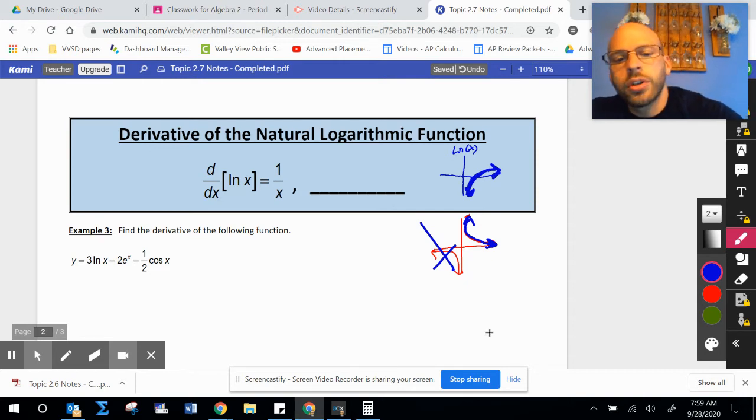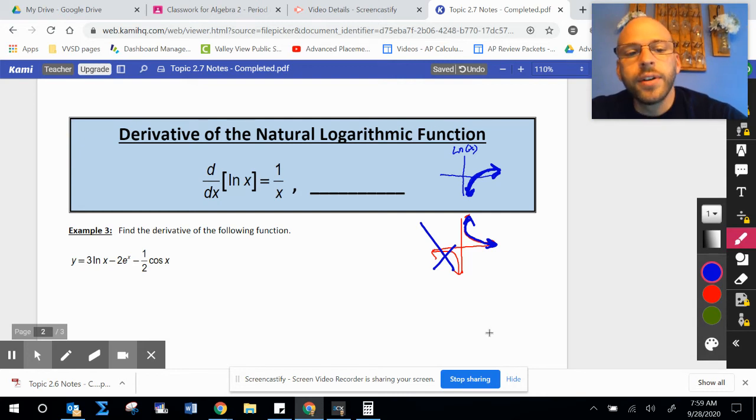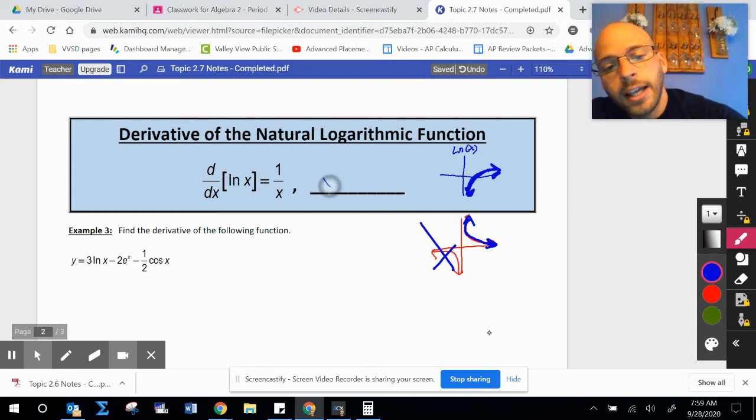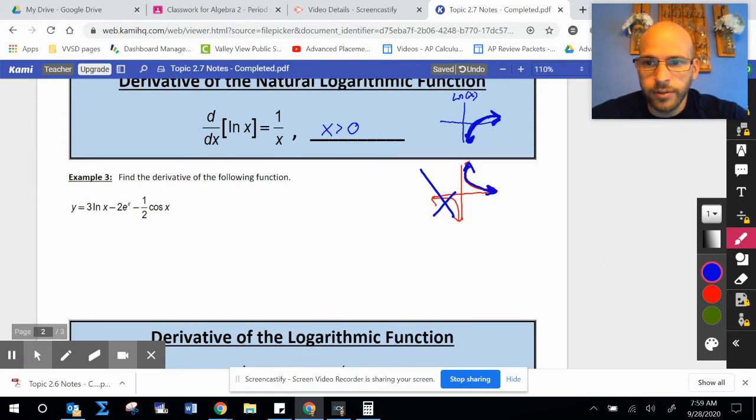Okay, so there's a little disclaimer that I want to put on this line. The derivative of natural log of x is 1 over x as long as x is greater than 0. So if I were to take the derivative of this function, dy/dx is going to be, well, the derivative of 3 natural log of x.